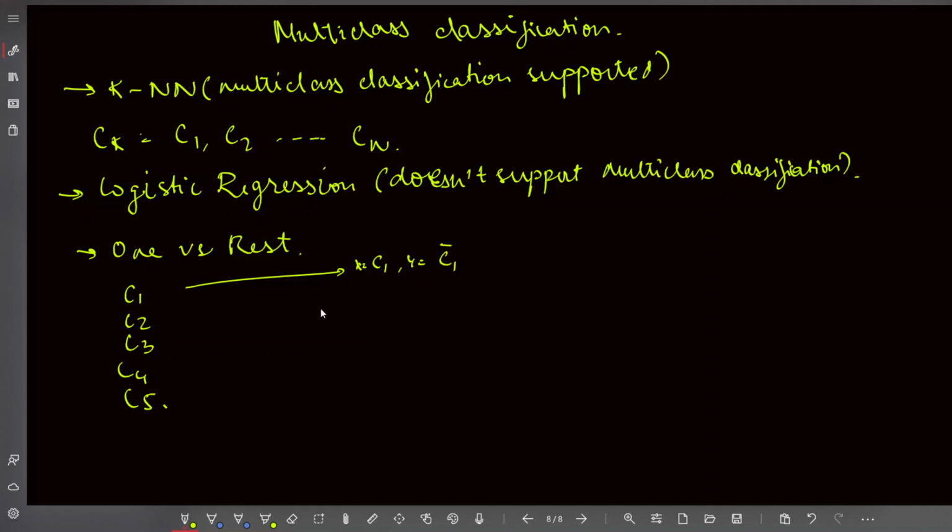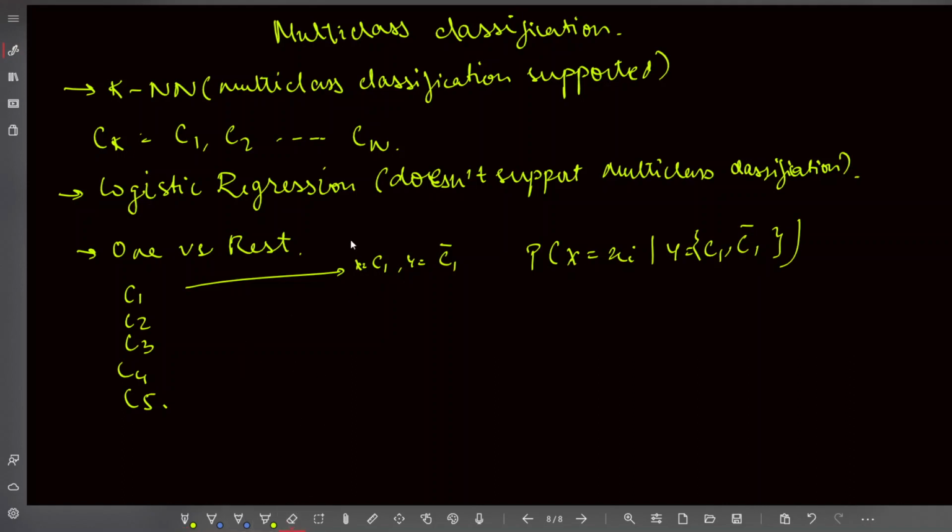and the second class will be every other class that is not C1. It will run a classifier on this, and it will see the probability of getting the data point X given Y equals C1, comma, not C1.